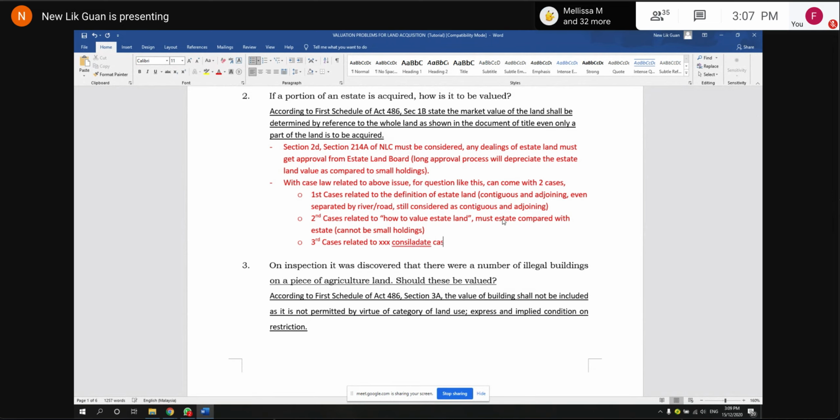This Batam Consolidated is a very big estate, around 10,000 acres, but the land was acquired for a gas pipeline, meaning that only a small portion, like a strip, was taken.